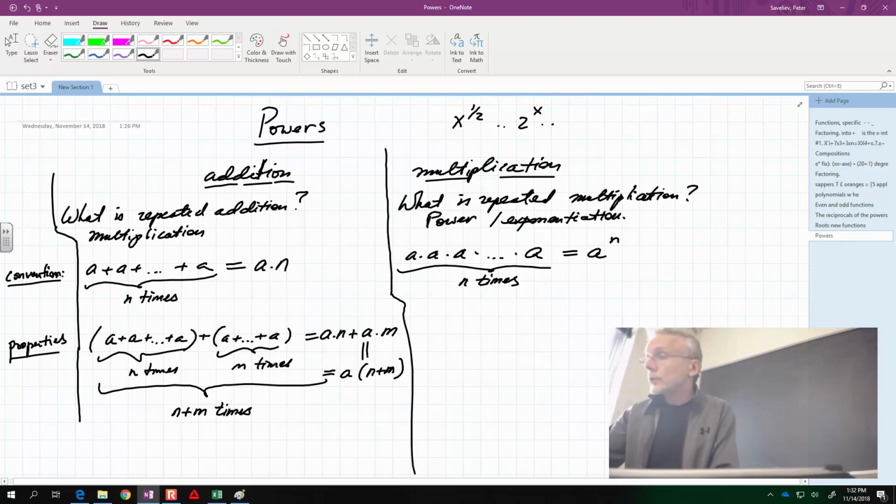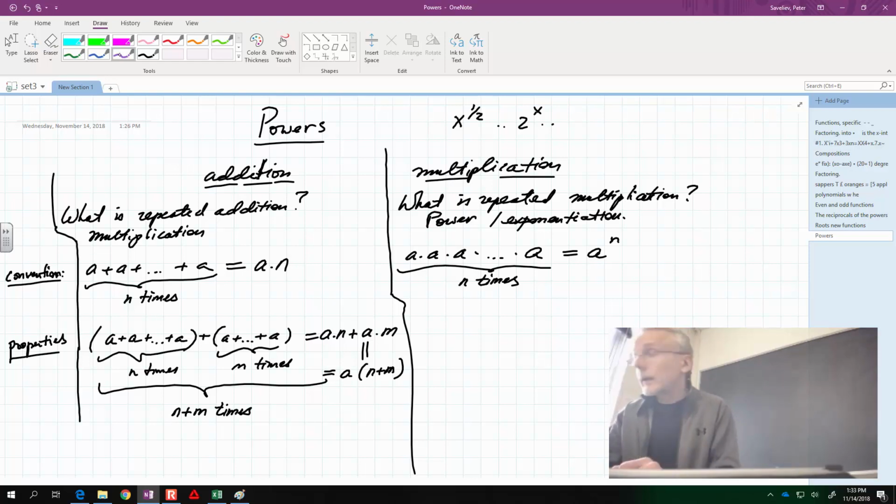These two are equal to each other. There is a name for it. The a was multiplied by n, and it was multiplied by m, and then we took a out. It's a factor.